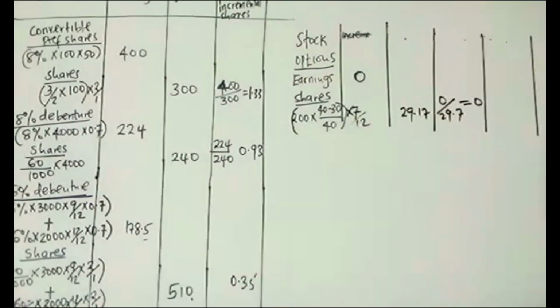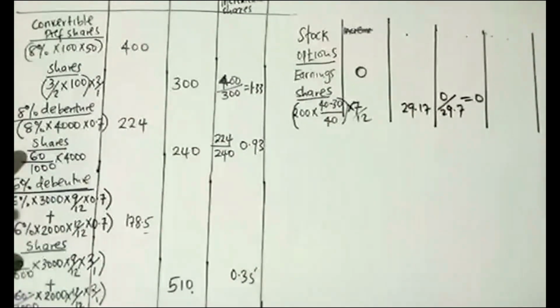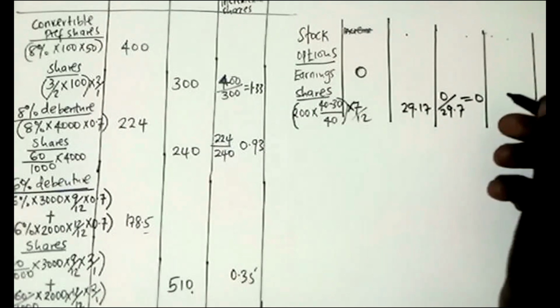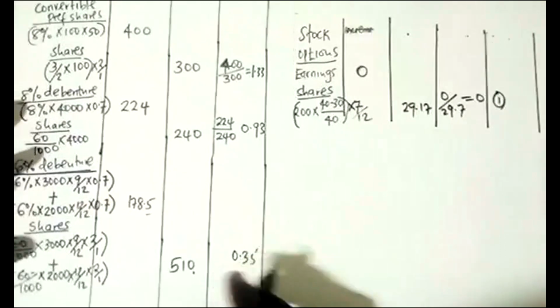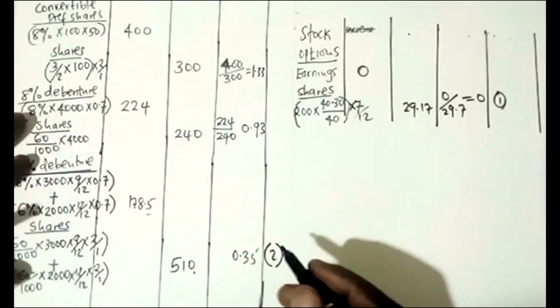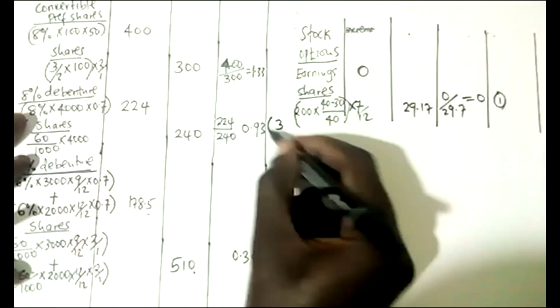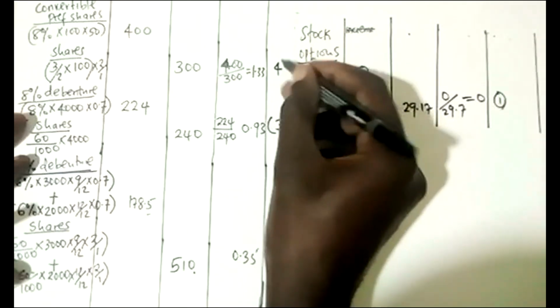Then now you rank these securities from the list, the one which has the least effect on the basic EPS. So this is the one which has the least effect, number 1. Number 2 is this one. Number 3 is this. Then we have number 4.